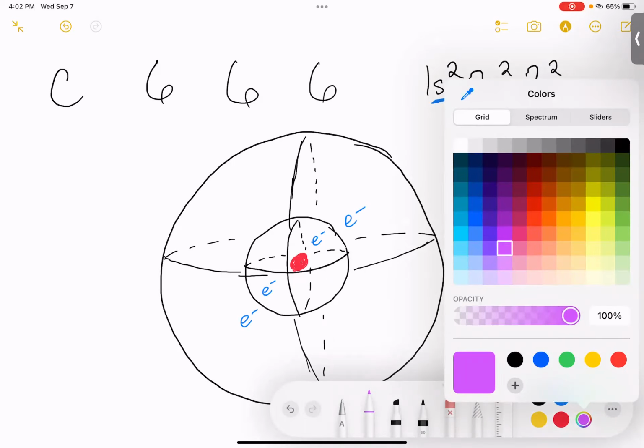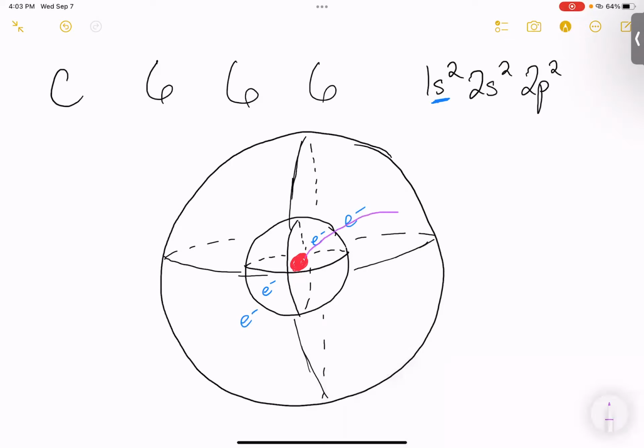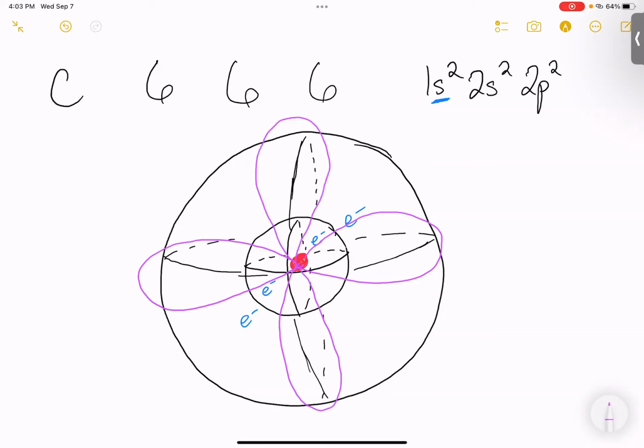So also in this second layer, you're going to have 3 P orbitals.